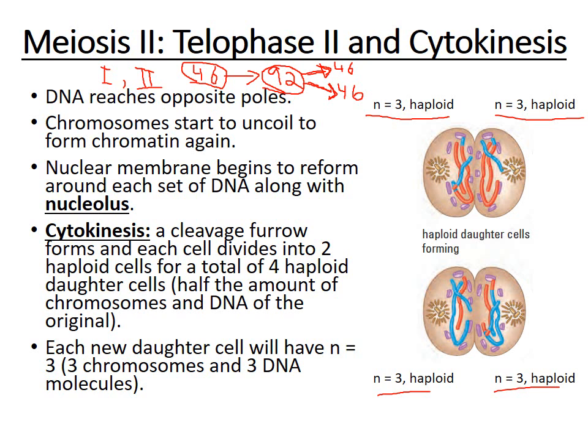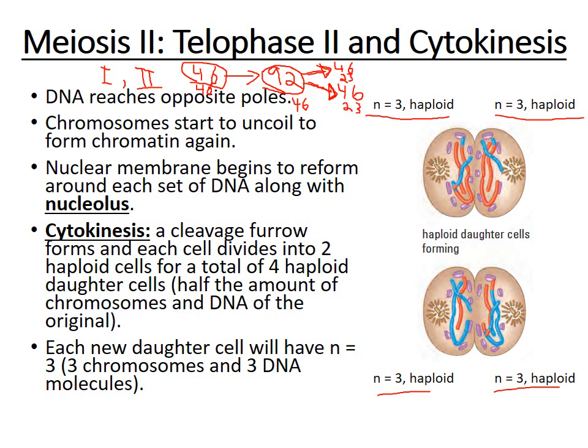Now I know it looks like nothing happened, but in reality something did. What we did was these 46 DNA molecules were found on 46 chromosomes. Right? They were non-replicated. When we did replication, those 92 DNA molecules were still found in 46 chromosomes. Now, these 46 DNA molecules are found on 23 chromosomes each.